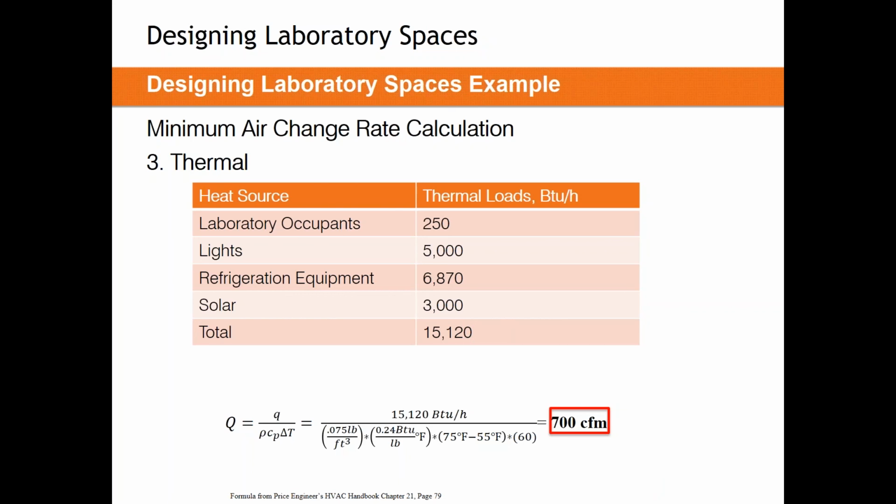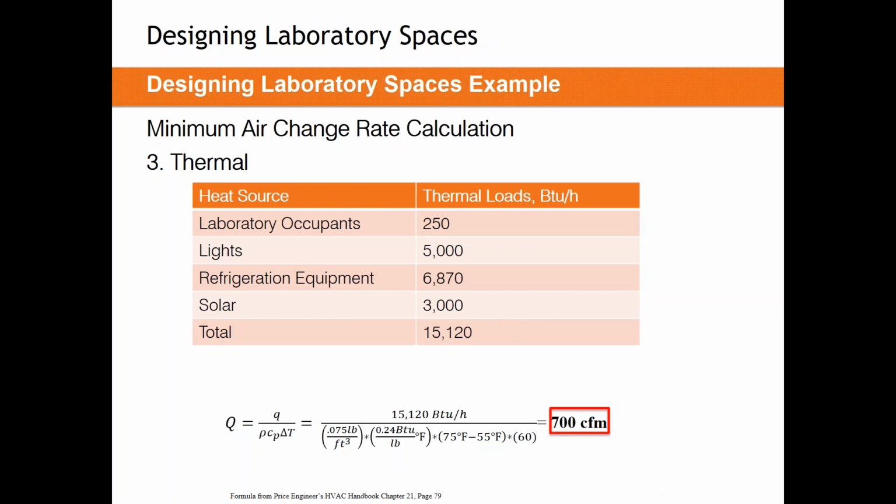15,120 BTUs. So there's a few ways to calculate what our minimum supply airflow would be, but using the equation at the bottom there, we take the thermal load of 15,000 divided by the specific heat and density of dry air, which for us we'll assume is 0.075 pounds per cubic foot and 0.24 BTUs per pound degree Fahrenheit.